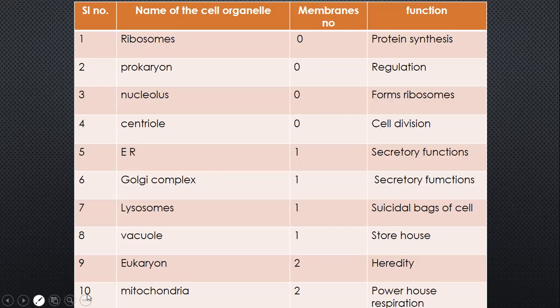Some scientists opined that the mitochondria were previously microorganisms, single-celled organisms, prokaryotic organisms. When we became habituated to their presence in our cells, they became a special cell organelle called mitochondria.